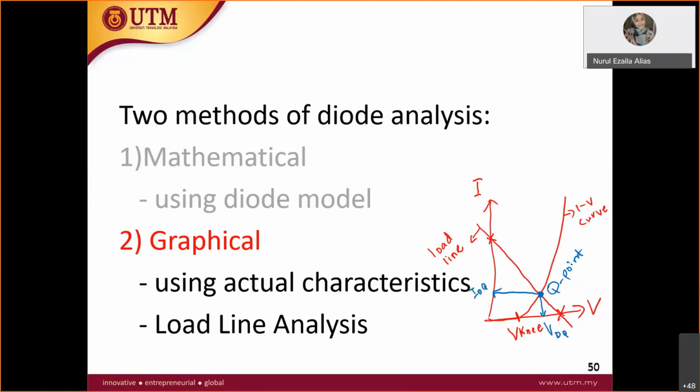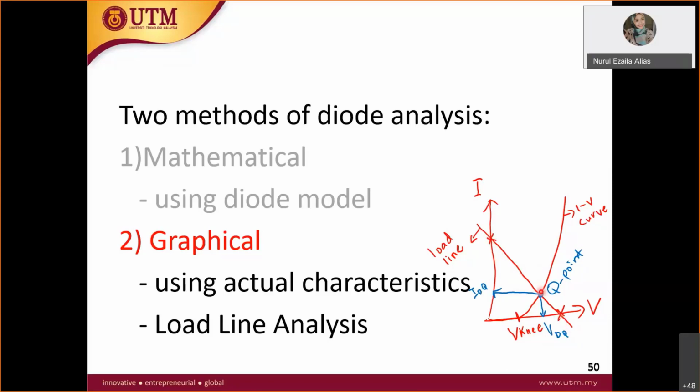Usually in this method, the IV curve will be given, and the circuit will be given. You then have to find your load line. You define this load line by doing an approximation. You find the point on the y-axis and the point on the x-axis, and then you draw this load line.